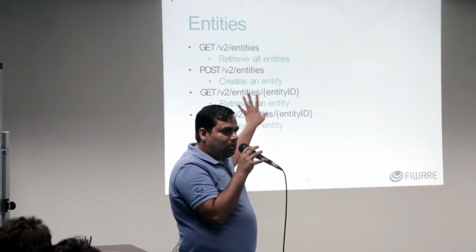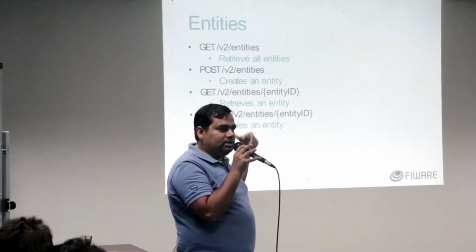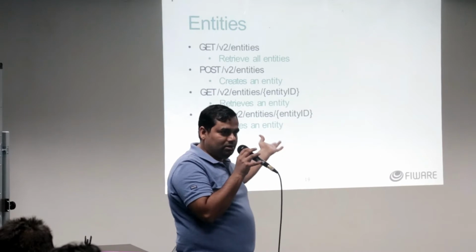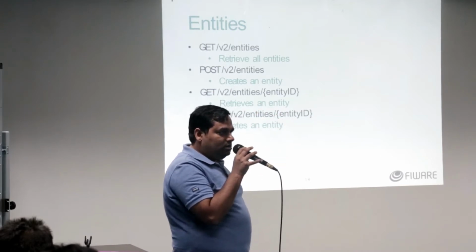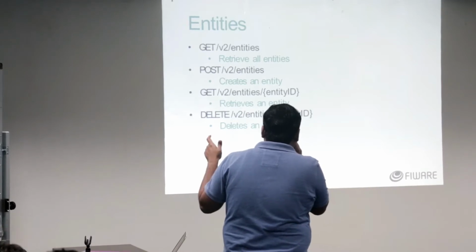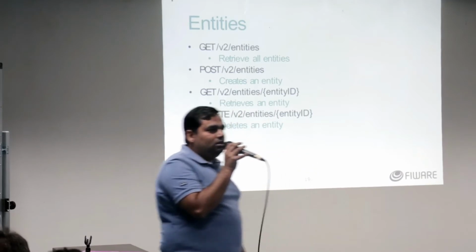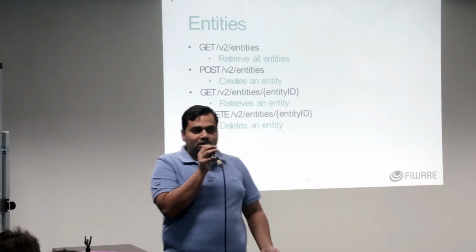These are not specific to FIWARE; these are all defined in the HTTP protocol. These are the HTTP verbs. What is remaining is put, which is if you want to update the context.